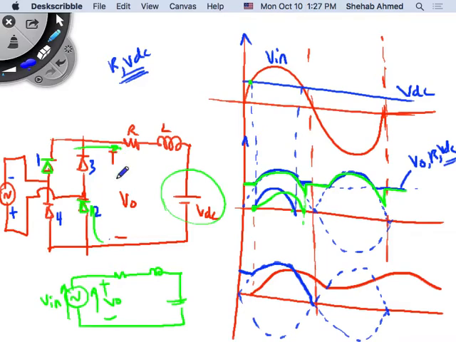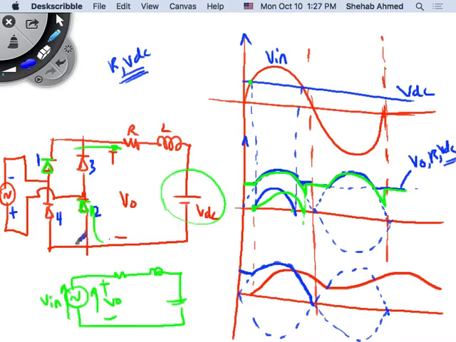As soon as the voltage tries to flip, diodes 3 and 4 will start conducting. So 1 and 2 were conducting initially, then 3 and 4 start conducting in the second half cycle, because it's easier once you flip the polarity of the output voltage.